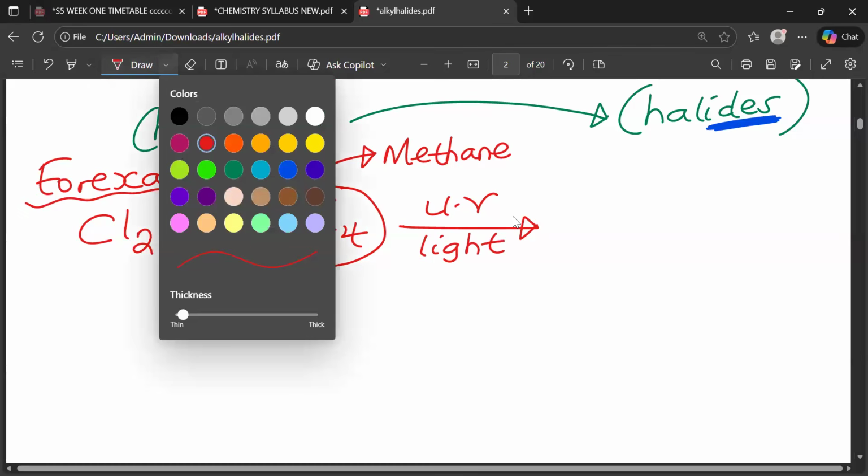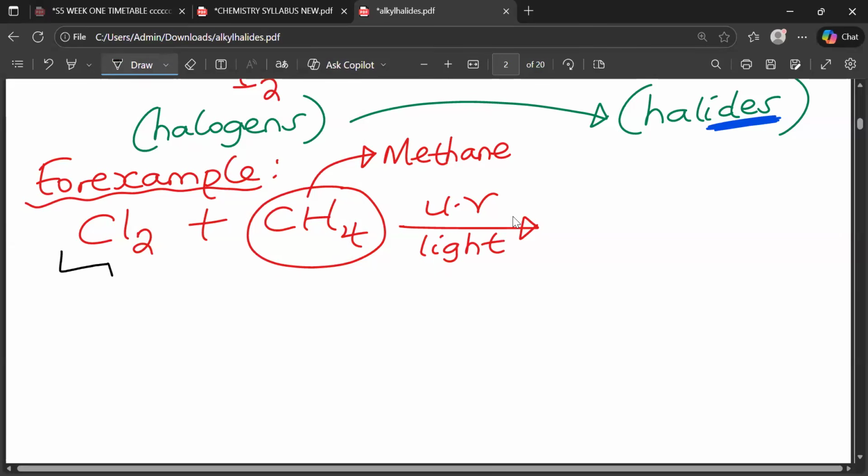So this is our halogen. It's reacting with methane in presence of UV light. And what we expect to form is the halogen compound, as we've said. But you all know that here we consider the product that is gotten when chlorine is limited. And I remember giving you an explanation why, and I'm not repeating that.